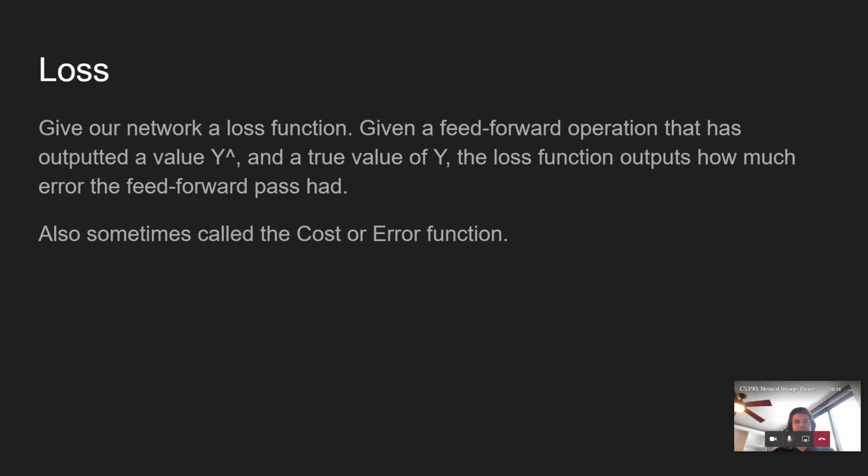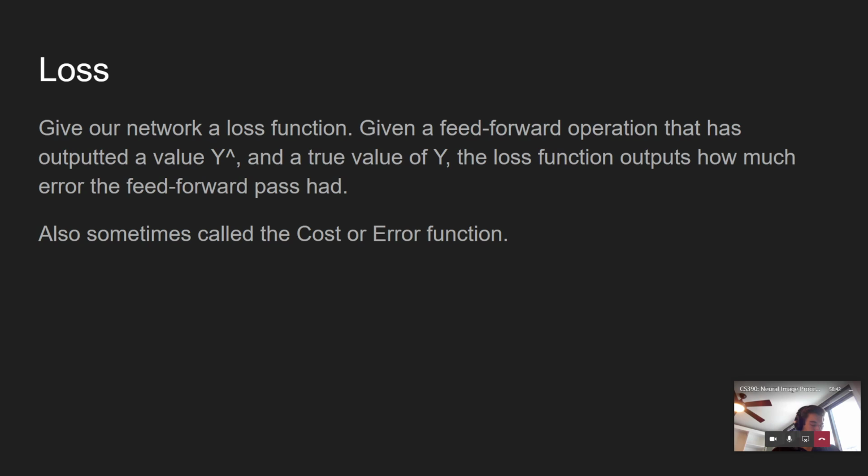So first, before we get into that calculus in detail, though, let's talk about these loss functions. So we are going to give our network a loss function. This is basically going to tell us how badly our network did. So if we have a true value y, we were talking about x and y in classifying.